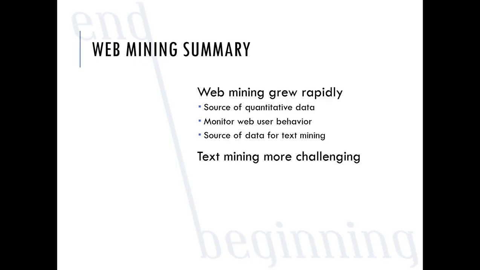So in summary, web mining has grown very rapidly, and it's a source of taking qualitative text input and converting it into quantitative data. And it can be used to monitor web behavior and as a source of data for text mining. Text mining is a much more challenging kind of application.